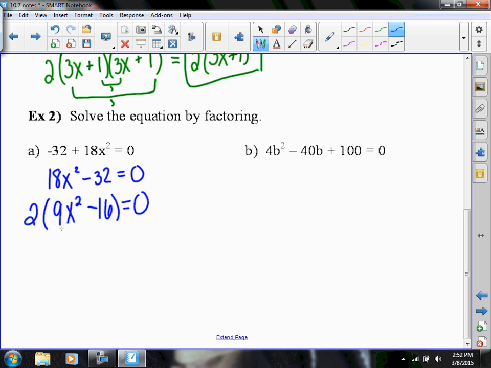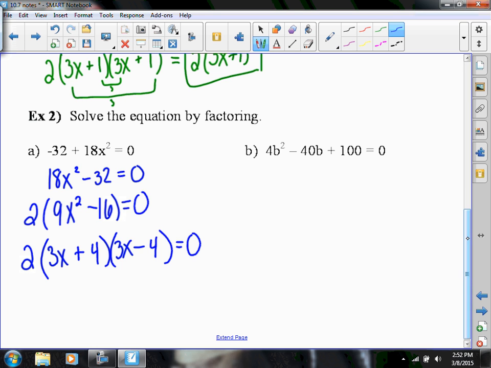Now hopefully it's more obvious now that 9 is a perfect square and 16 is a perfect square. And they're being subtracted, so this is definitely going to be a difference of 2 squares. So I'll have 3x and 3x and a 4 and a 4. And remember, for the perfect squares, I need one to be plus and one to be minus.